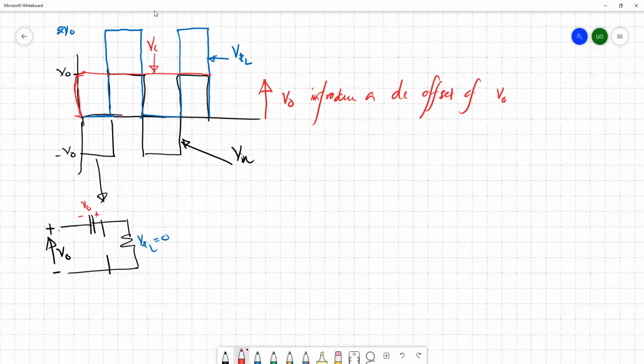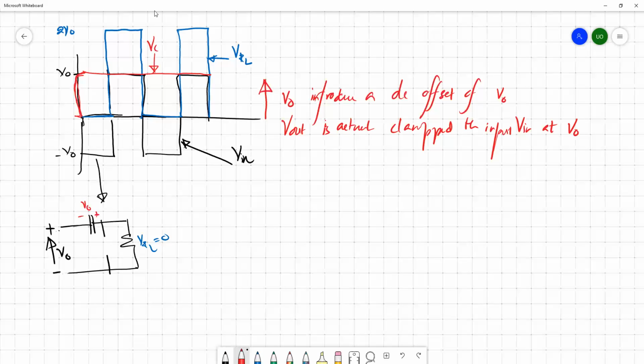It is simply shifted by V naught. Or else we can simply say that the output is actually clamping the input at V0.